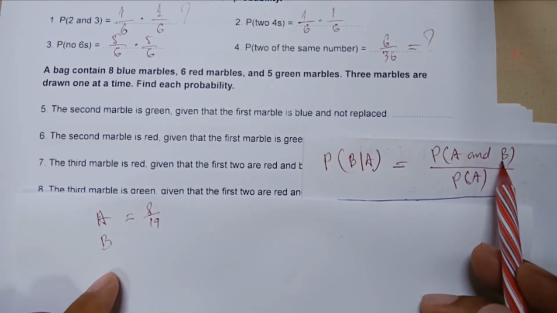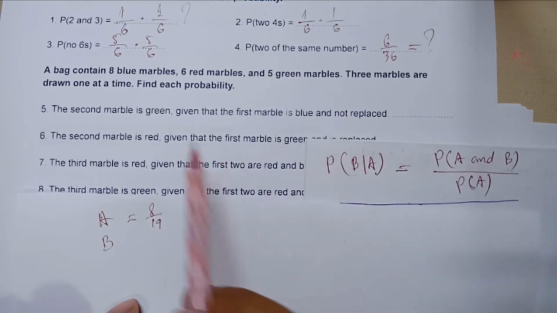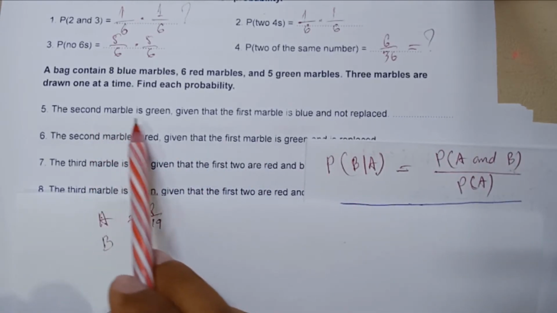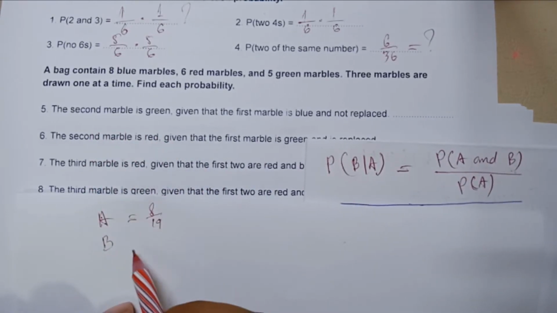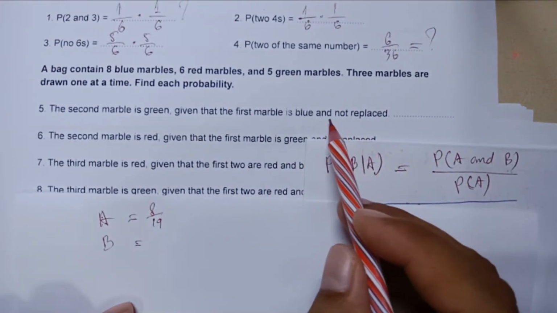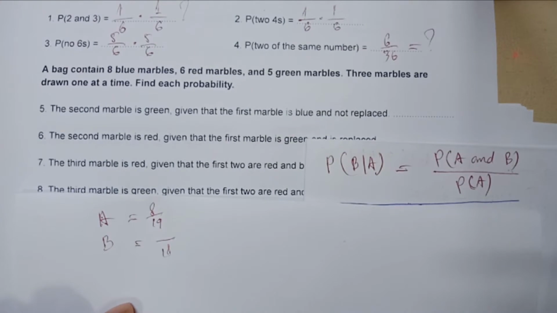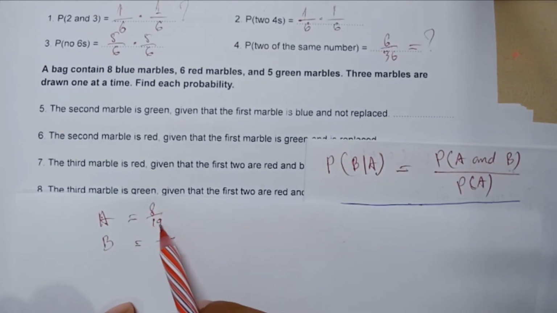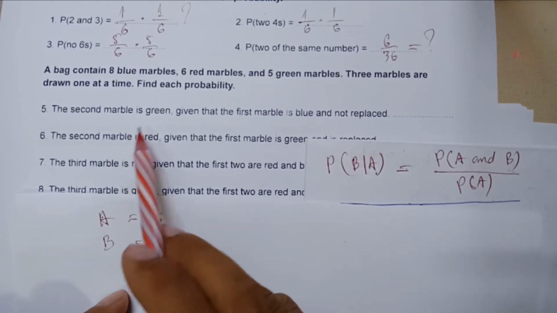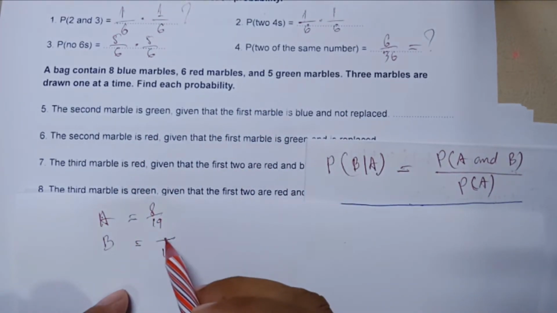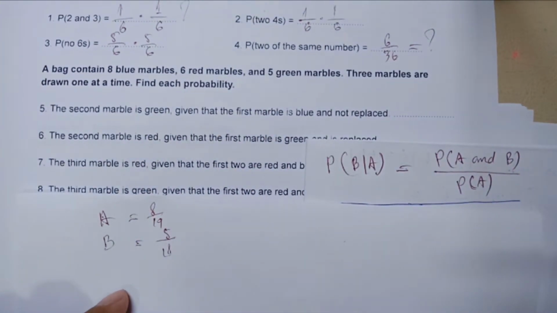For event B in this case, it is the green marble. Since it's not replaced, it's going to be over 18 because we are not replacing it. So green, 5 over 18.